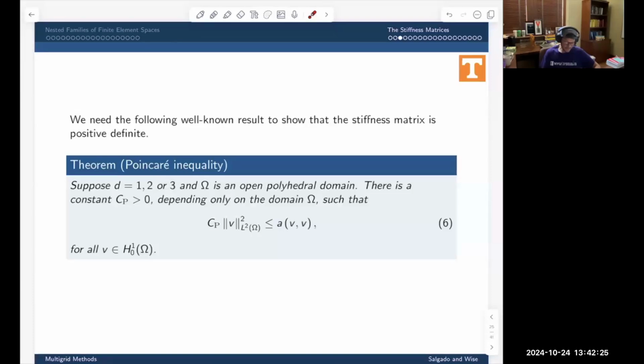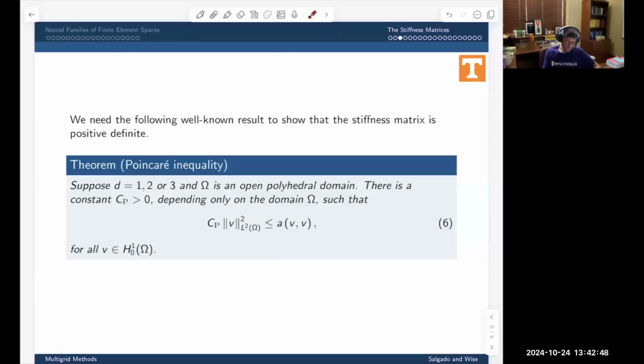Then there exists a constant CP greater than or equal to 0, depending only on the structure of the domain, such that CP times the norm of V in the L2 norm squared is less than or equal to the energy inner product of V against itself.